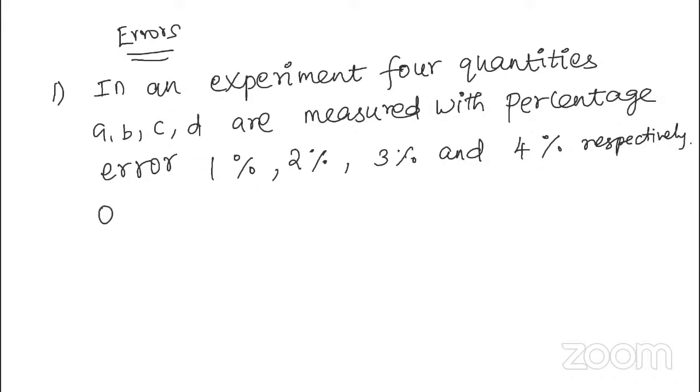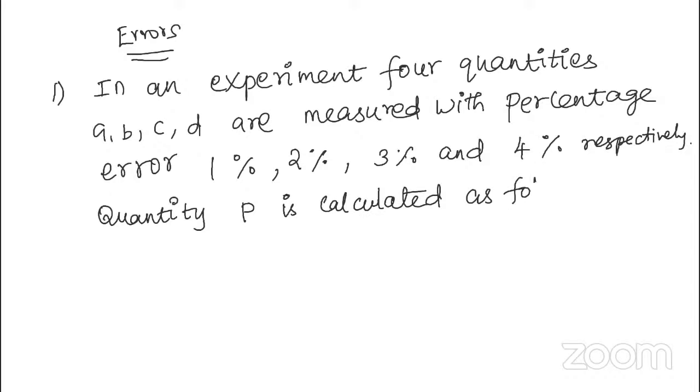The quantity P is calculated as follows. That is P is equal to A cube B square divided by C into D.